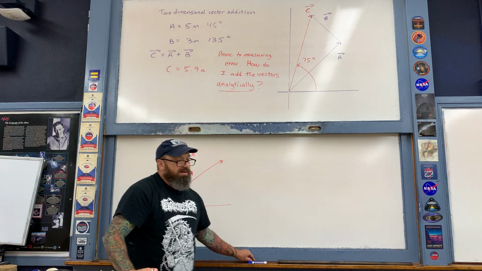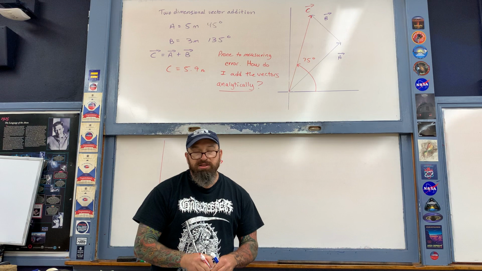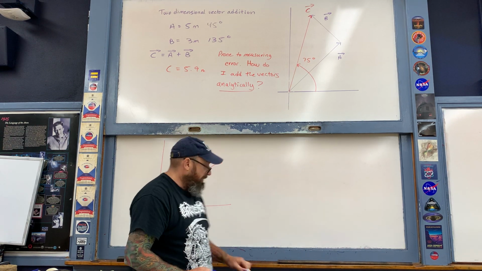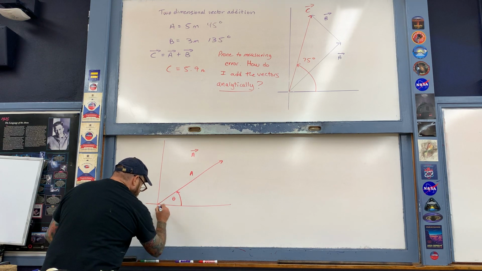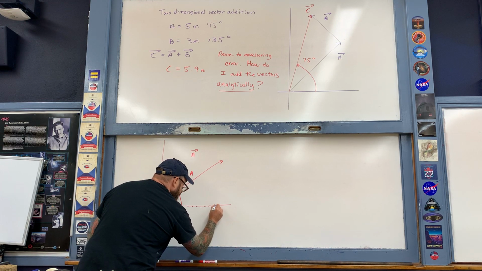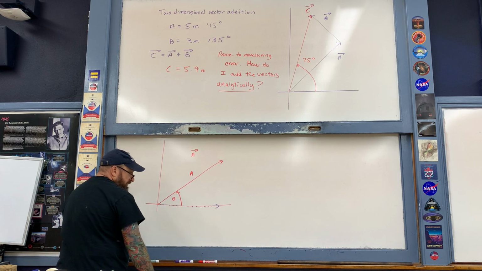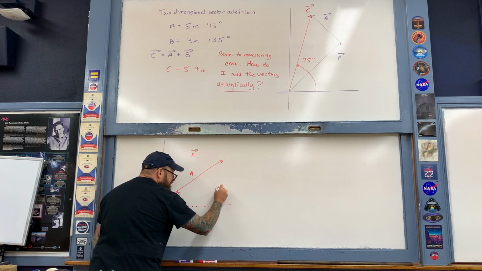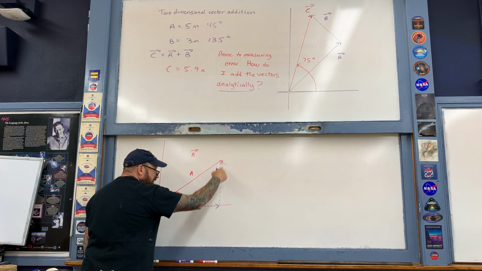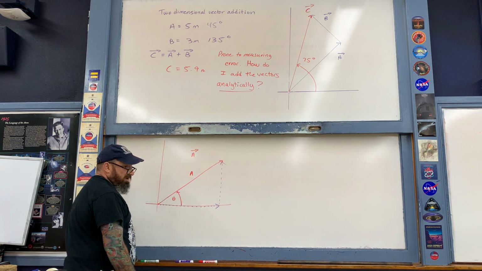However, we could always think of this vector here as being the resultant of two other vectors. In other words, two other vectors that are added together. One of those vectors specifically points along the positive x-axis, like so. And then the second of those two vectors points along the positive y-axis, like so. Notice that the addition of these two vectors here results in the vector A.